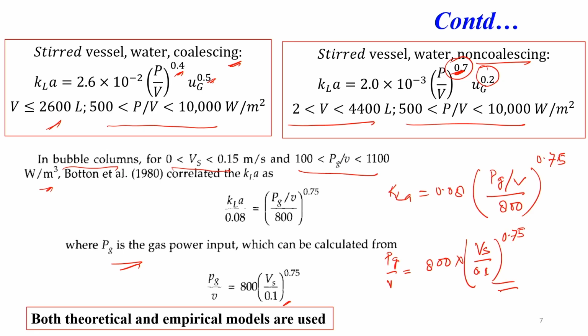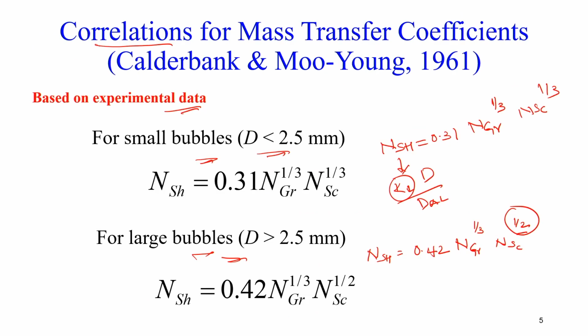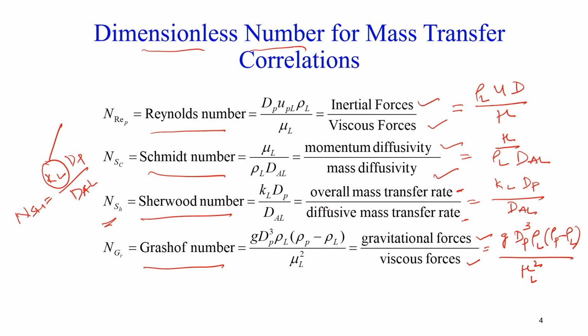So, what we discussed here is this kLa can be determined if the hydrodynamic parameters are given to calculate total power requirement, volume, superficial velocity. And if you want to calculate this cross-sectional area and estimate the number, you require the viscosity and diffusivity, like density is also required.